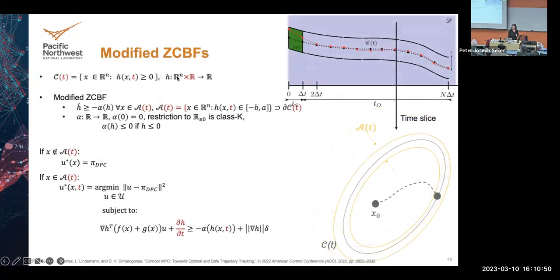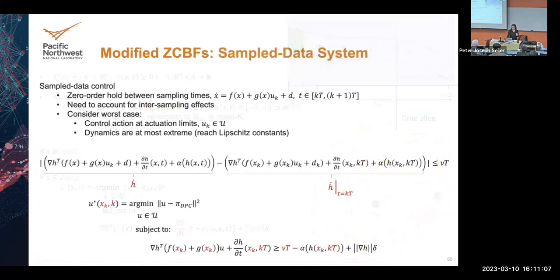We also modified the representation by adding this multi-staged time varying control barrier set that has to be enforced. And we modified the control barrier function constraint from a continuous time representation to a discrete time representation.